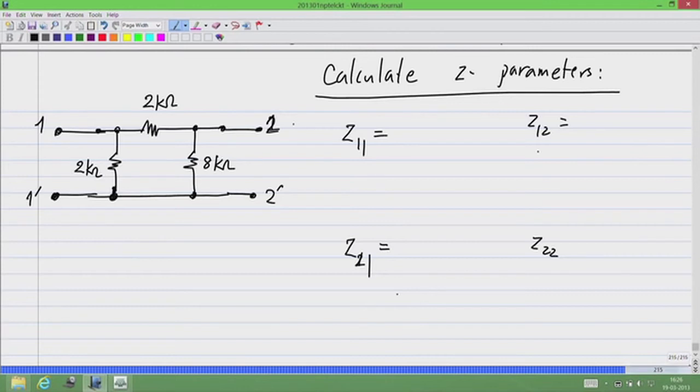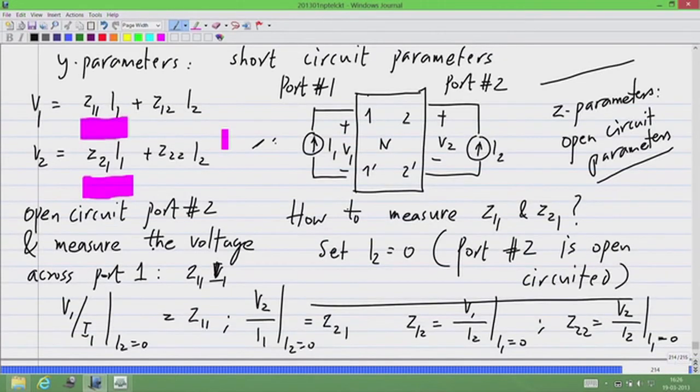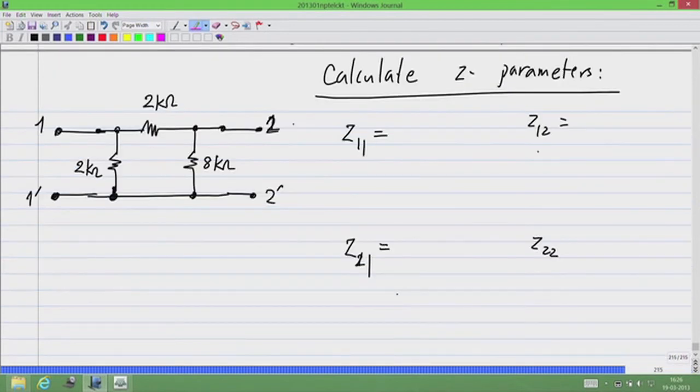So you can use the expressions I gave earlier. Z11 is when you set I2 equal to 0, V1 by I1. Z21 is when you set I2 equal to 0, V2 by I1 and so on. Okay. So what will be the value of Z11 here?